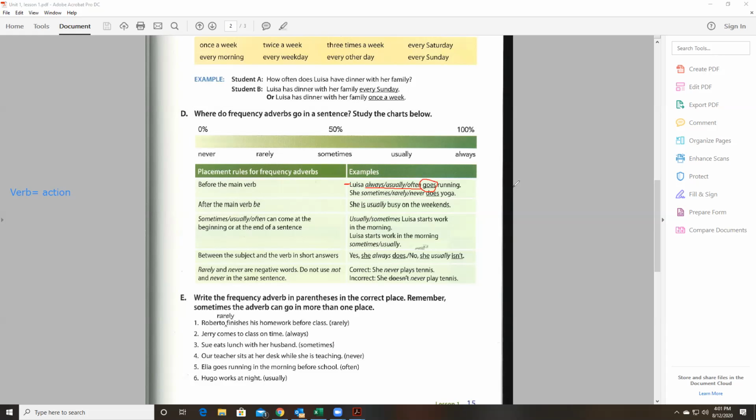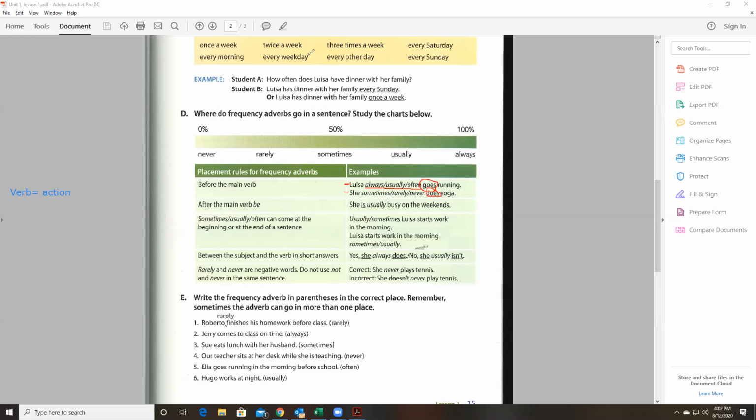She usually goes running. Or often. Now let's get the second example. This one right here. Our main action is does, como hacer algo, right? So she, and then you have your frequency adverb, then your main verb, and then your activity. So she sometimes does yoga.